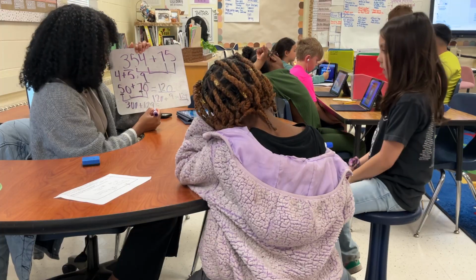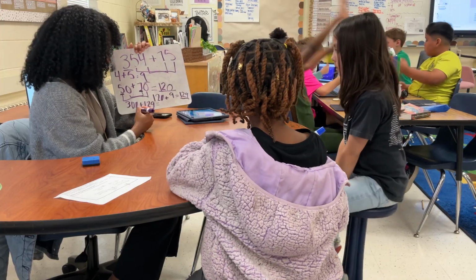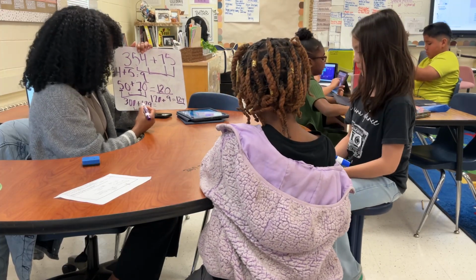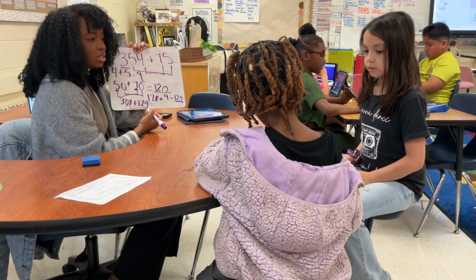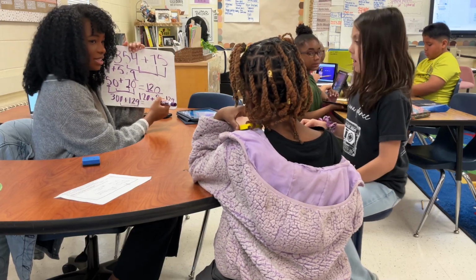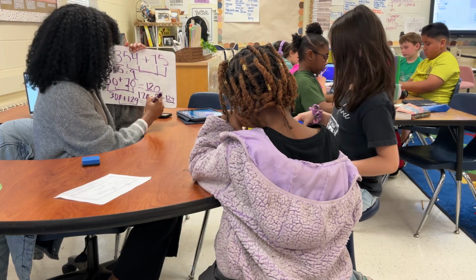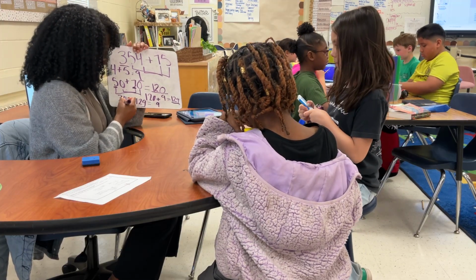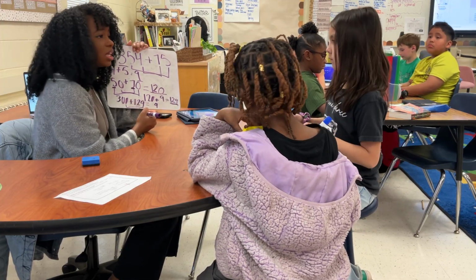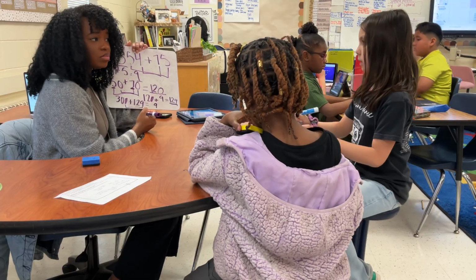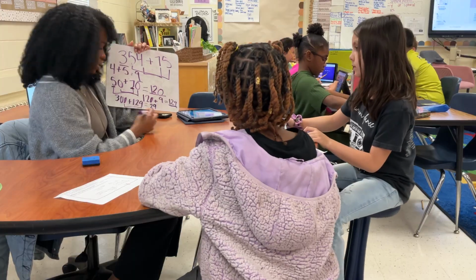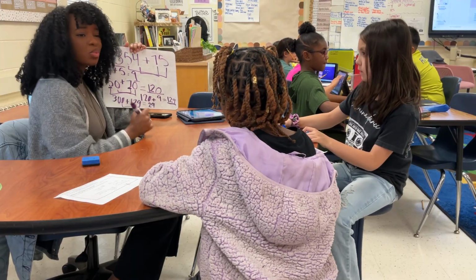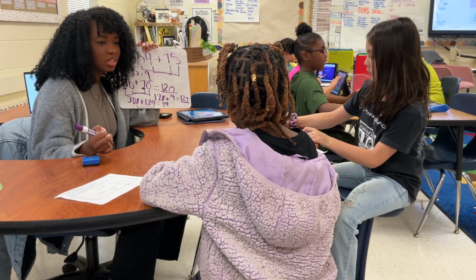Great job, Claire. So we're going to start right here in our ones place. Taylor, pay close attention. 0 plus 9 equals what? 9. 0 plus 20 equals 20. So our 2 goes in our tens place. And then 300 plus 100. What is 300 plus 100?